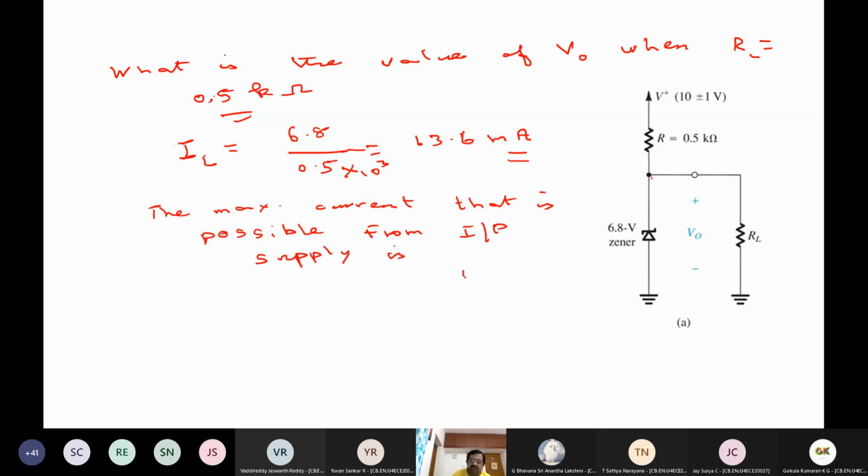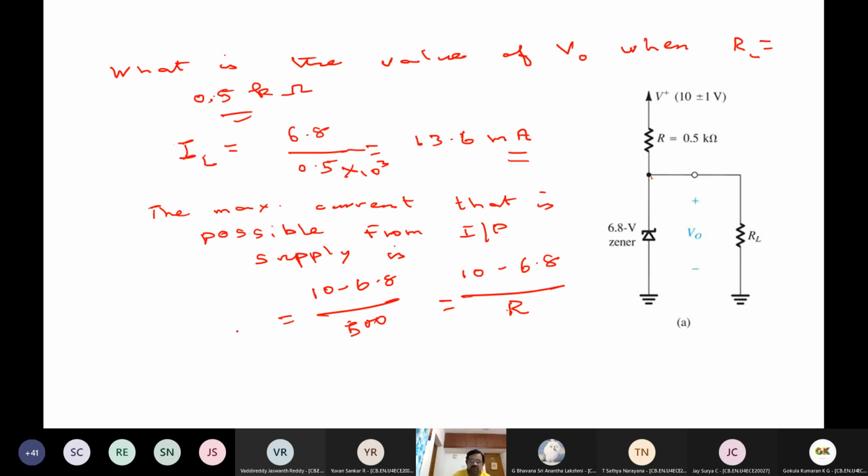is 10 minus 6.8, which we did in the morning, divided by 0.5. This 0.5 corresponds to the series resistance, not RL. So I will write R, that is equivalent to 10 minus 6.8 divided by the series resistance of 500 ohms.